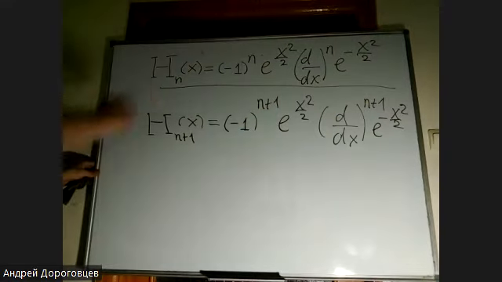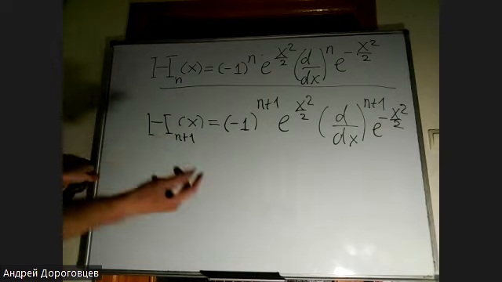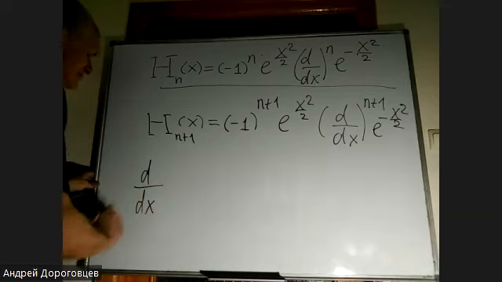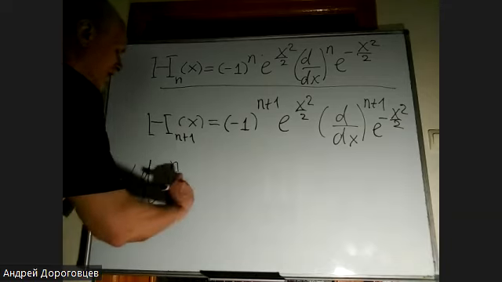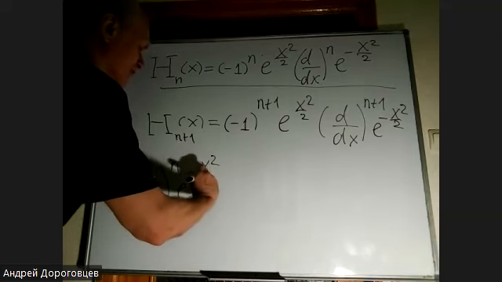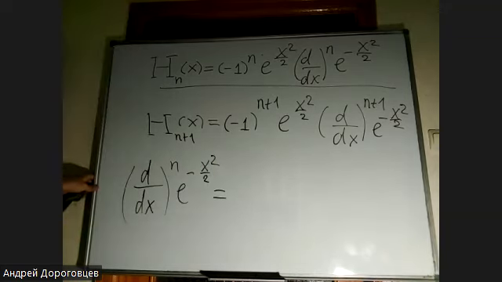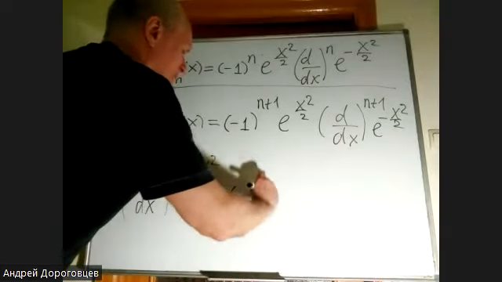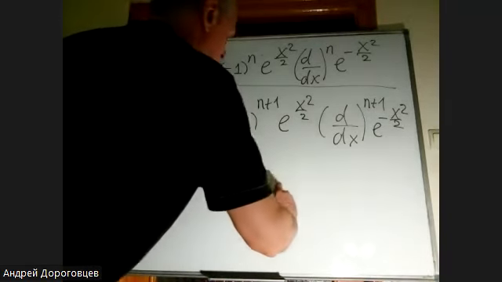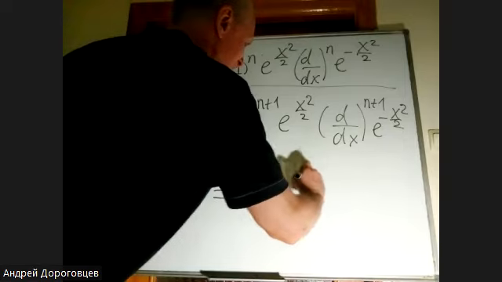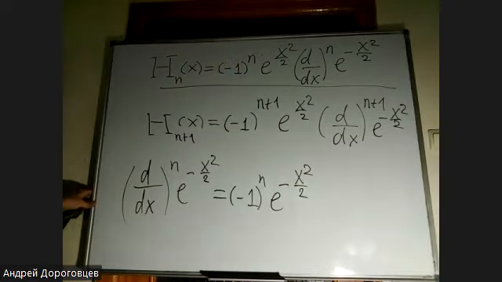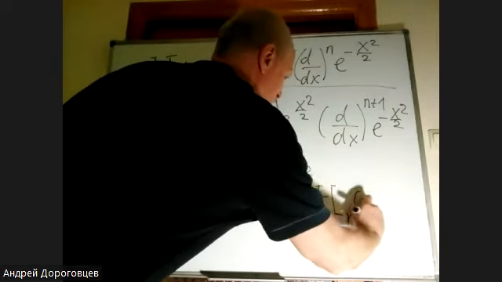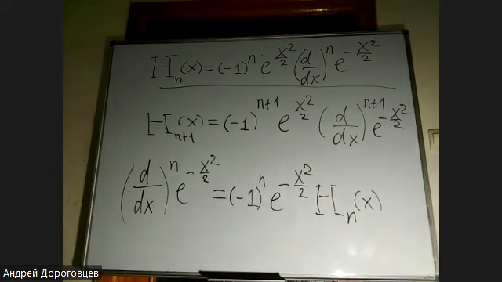So from this line, one can check that d/dx to the n power of e to the minus x squared over 2 is equal to (−1) to the n power multiplied by e to the minus x squared over 2 and multiplied by H_n(x).